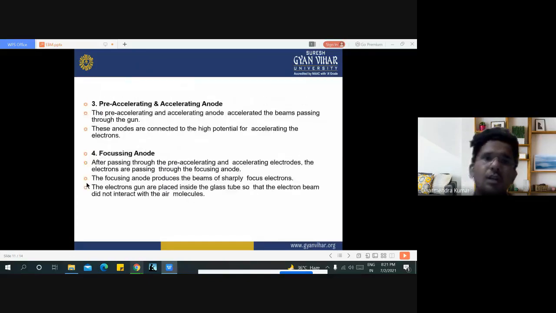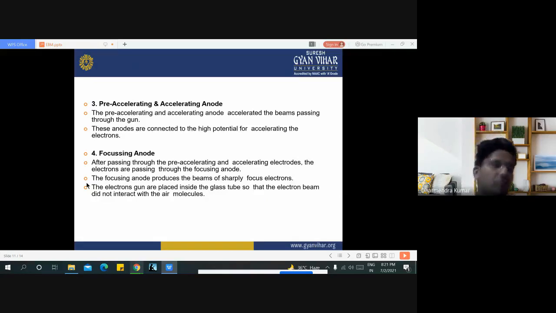This is another component associated with the electron gun: the pre-accelerating and accelerating anodes. They accelerate the beam passing through the gun. These anodes are connected to a high potential for accelerating the electrons.